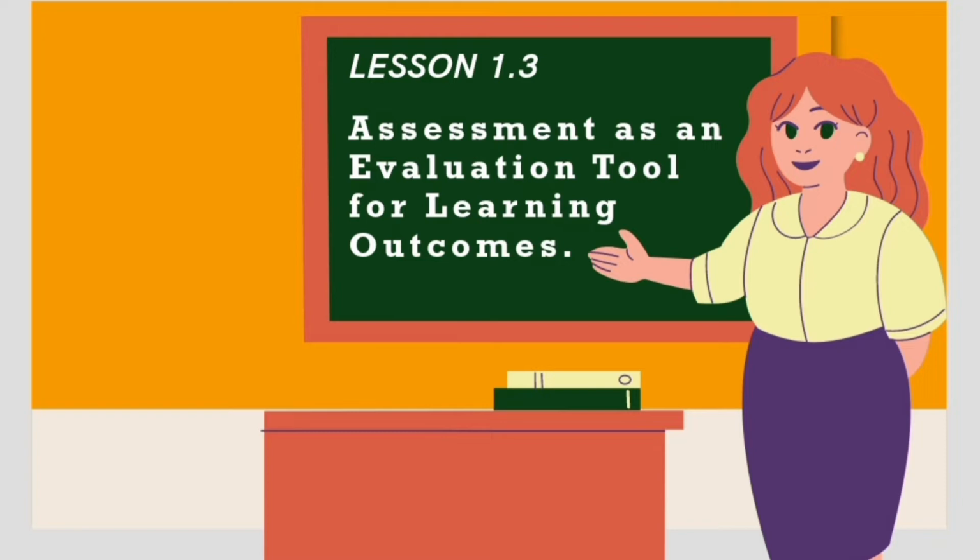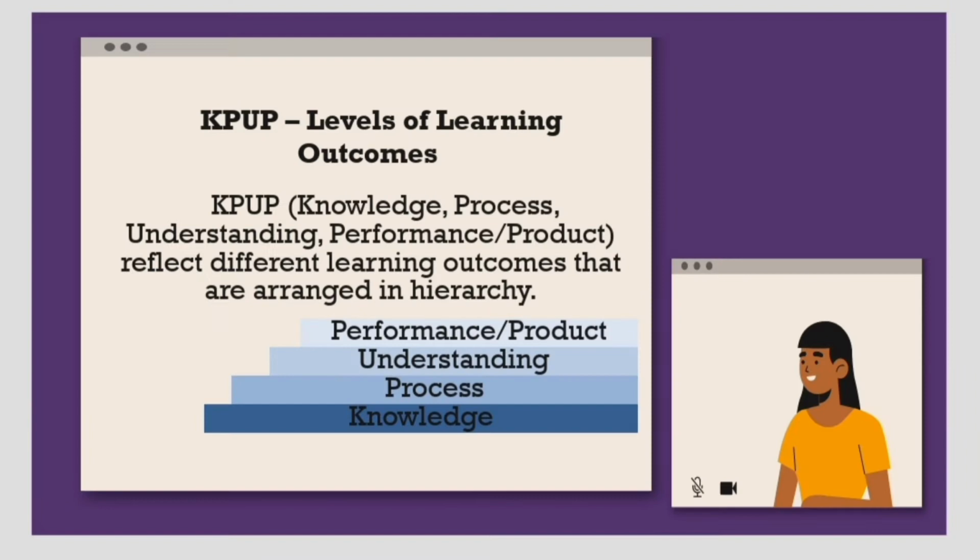So let us now try to understand the levels of learning outcomes, which is placed in the acronym KPUP. So KPUP stands for Knowledge, Process, Understanding, and Performance or Product.